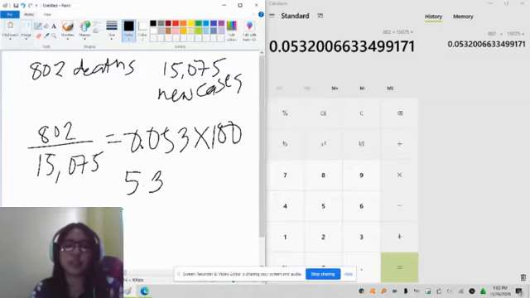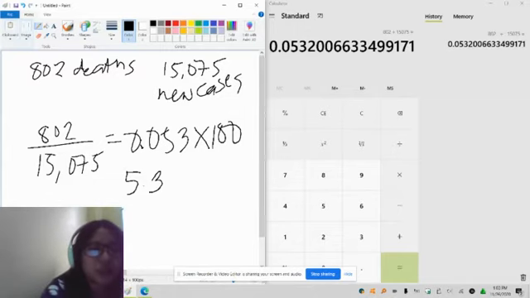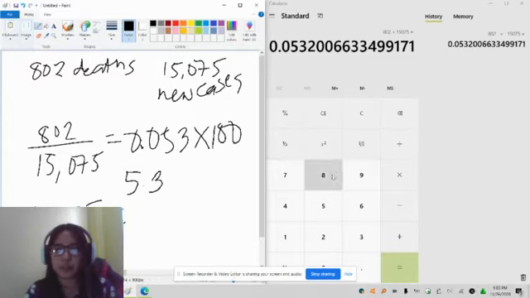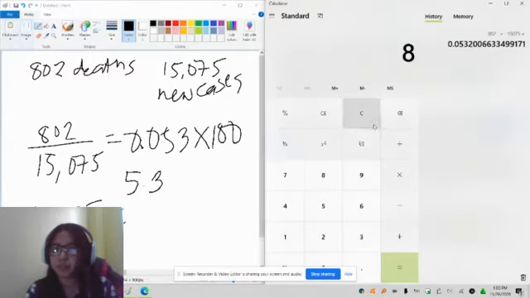So what is the meaning of this value now? If we are also going to consider 15,075 over 802, using again our calculator, let us compute for that. 15,075 divided by 802.